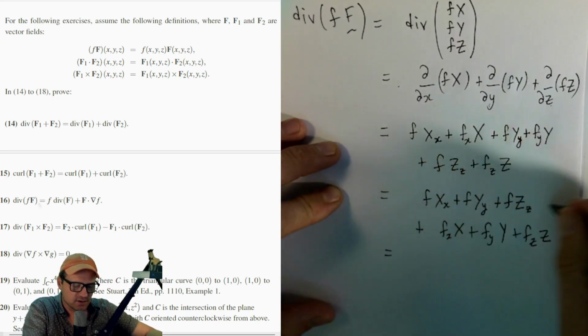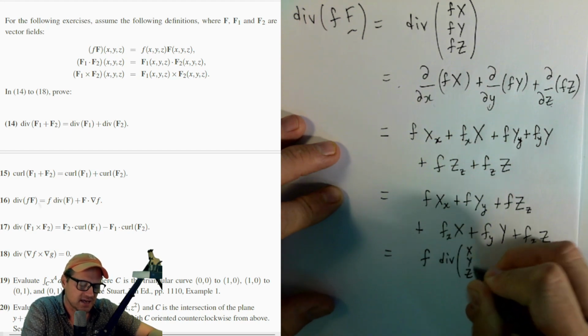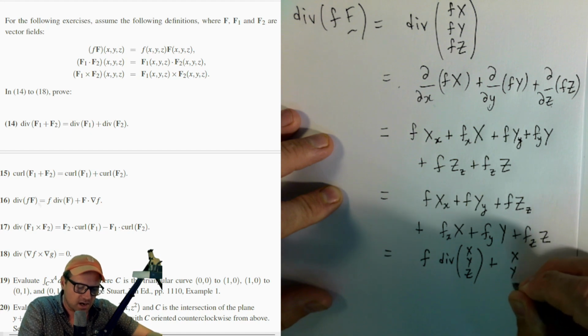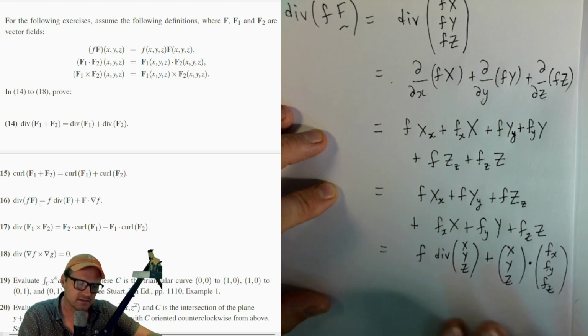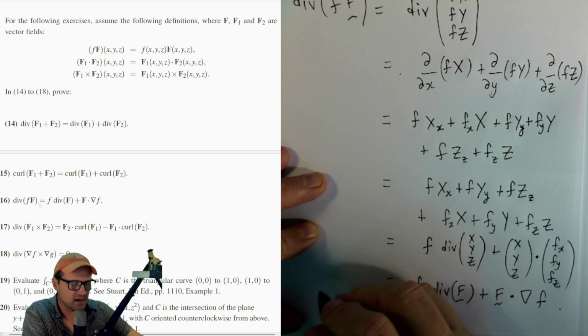All right, so this first one is f times div (x, y, z), and then this one here we can express as a dot product (x, y, z) dot (f_x, f_y, f_z), and now it's pretty obvious that this is the same as what we have up here, and we have verified that identity.